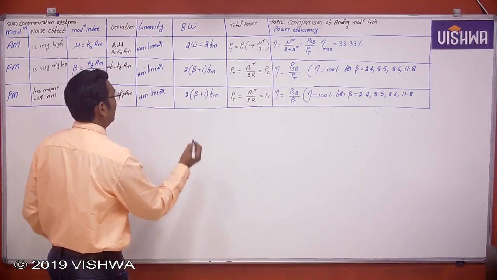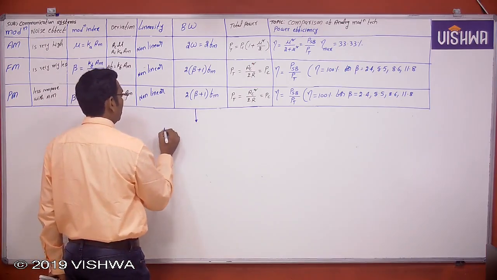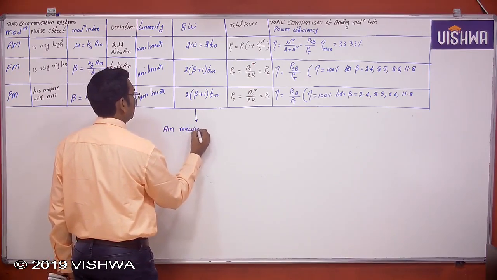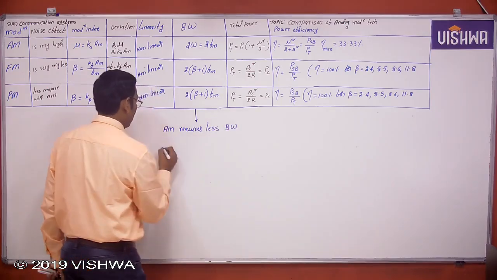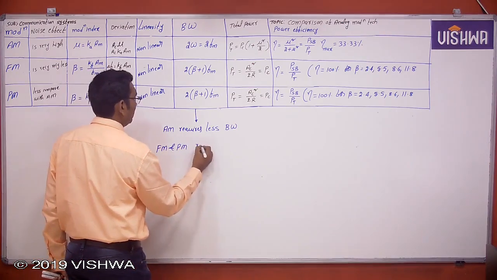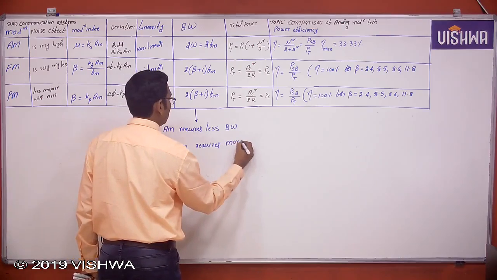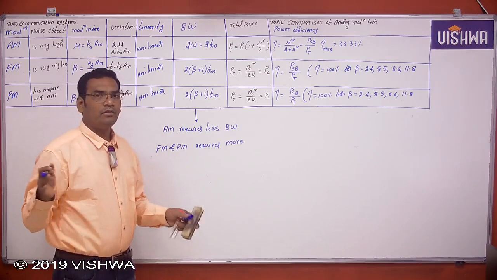And with respect to bandwidth also, here is one point I missed. AM requires less bandwidth. FM and PM require more bandwidth, because this is wideband FM and wideband PM, so a wide range of frequencies.